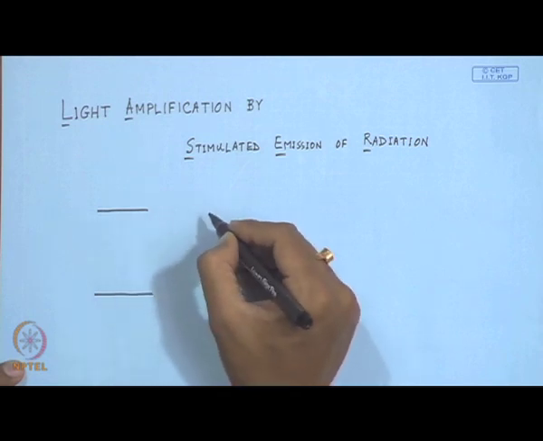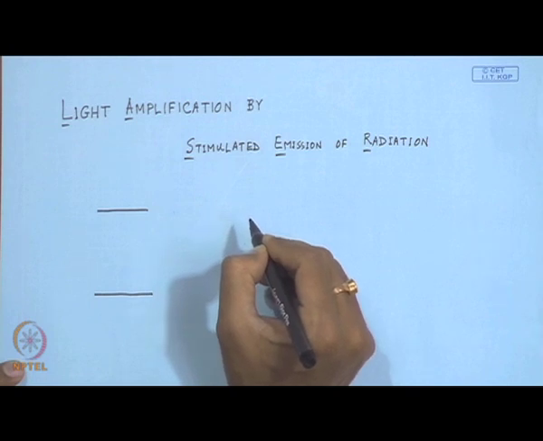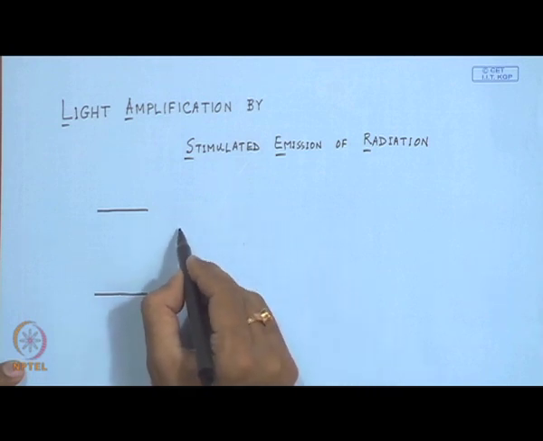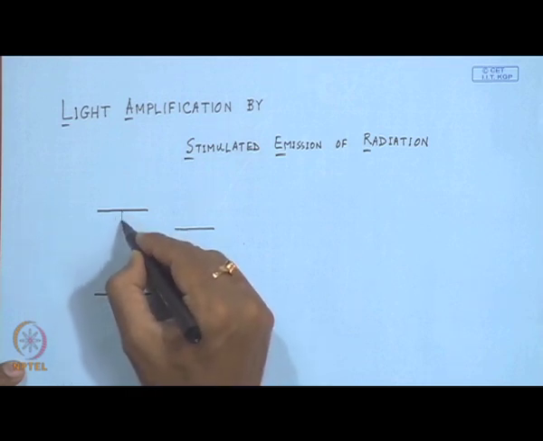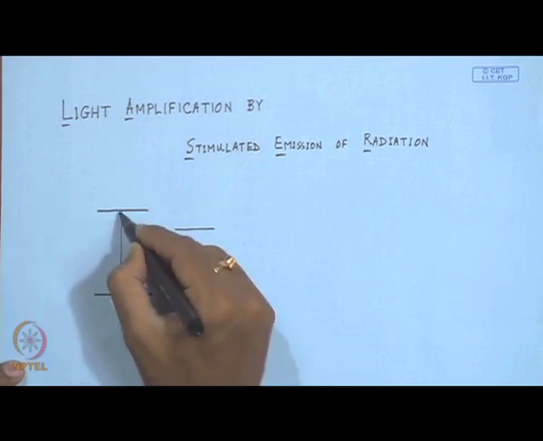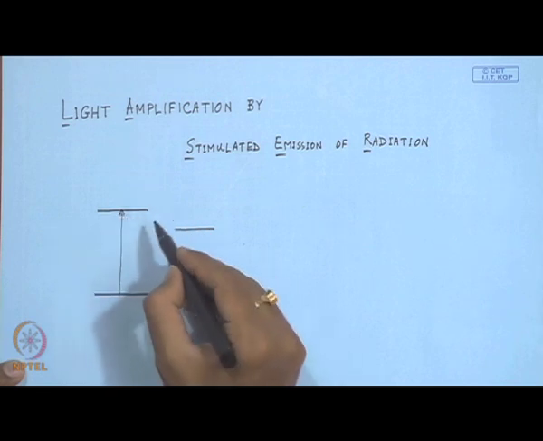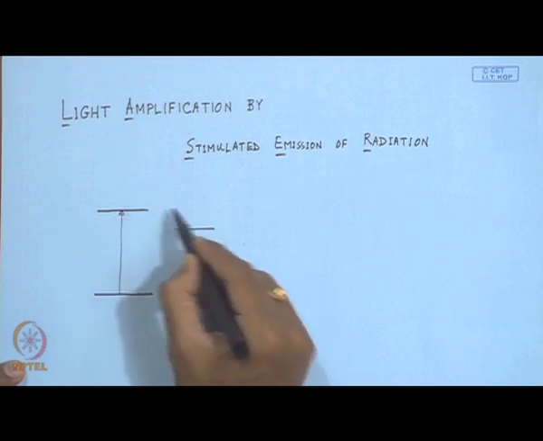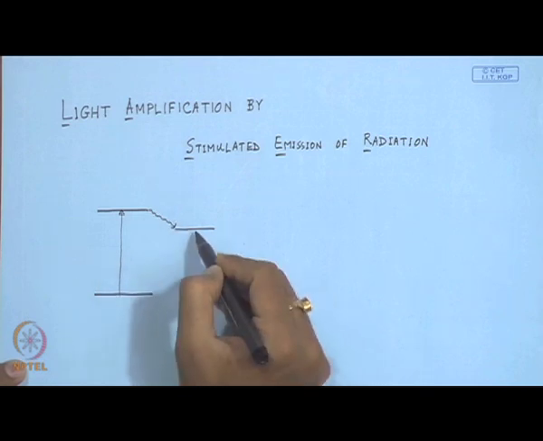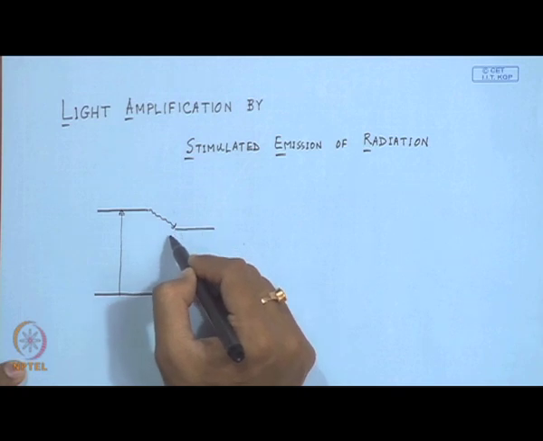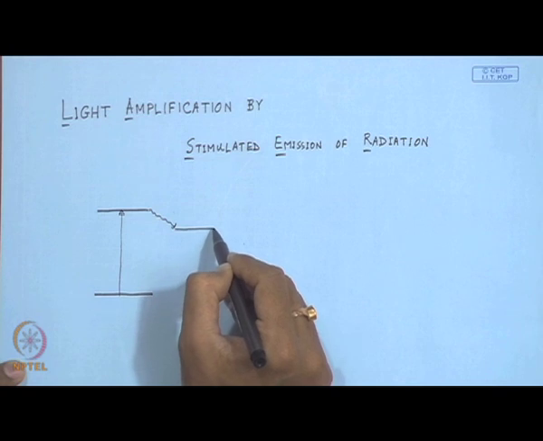Suppose we have got a third level, which ordinarily is not populated. If you pump the system with a brief pulse of radiation, this excited species will rapidly move to this level. If this is a metastable state, its population remains finite for some time.